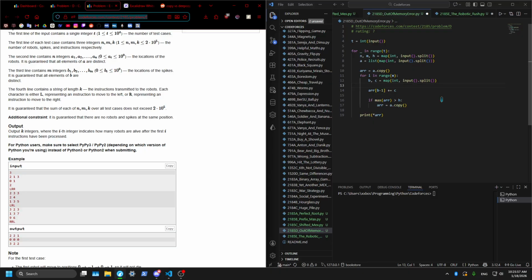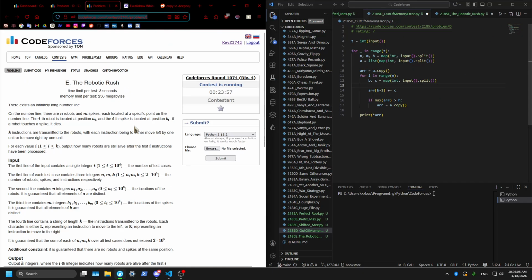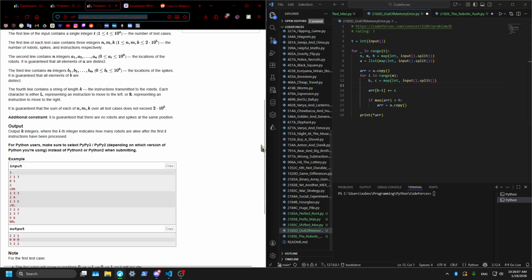C was the... time check, 23 minutes. B is the index to modify. C was to add.